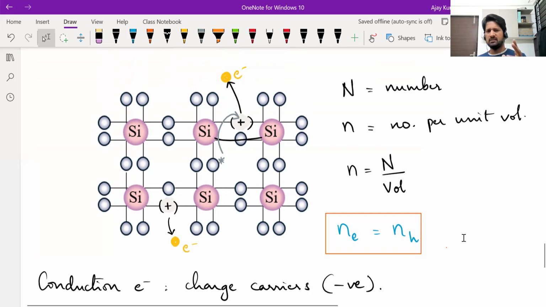Now think and answer, which of these, conduction electrons or holes, which one has greater mobility? Mobility means free to move. Okay. Conduction electrons and holes are both charge carriers, but which of them is relatively more free to move? Electrons or holes? Or do you think they have the same amount of freedom to move around?